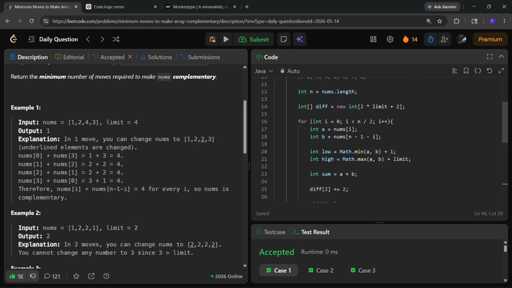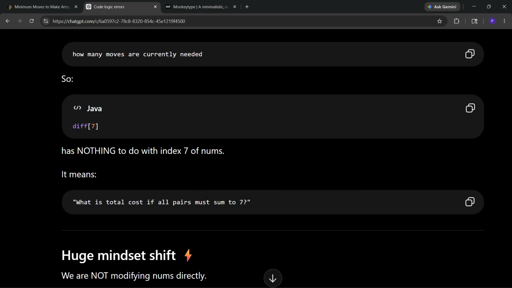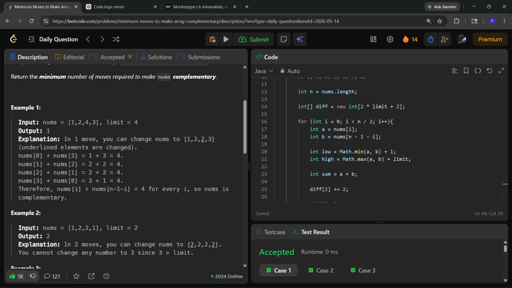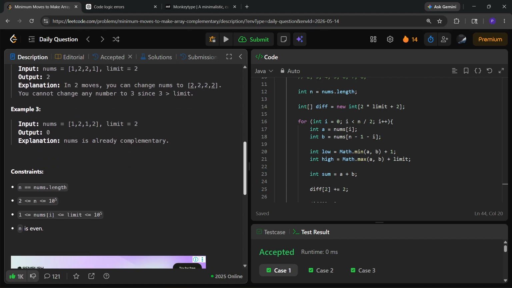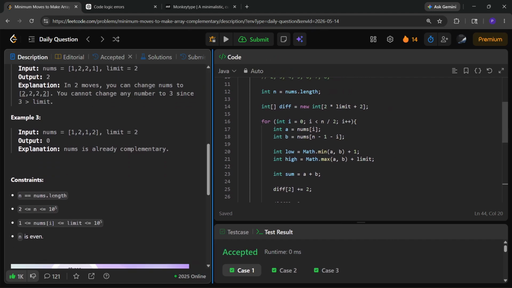What did ChatGPT tell me? That the index of 7 for the difference array has absolutely nothing to do with the index 7 of nums. The idea of the difference array is the total cost of all the pairs that must sum up to that particular sum that I can possibly get with both the numbers.